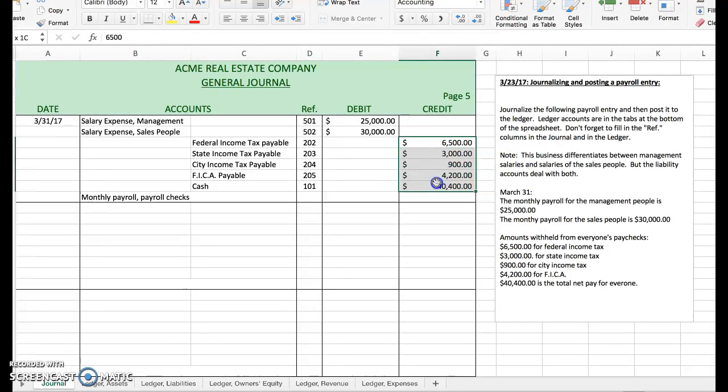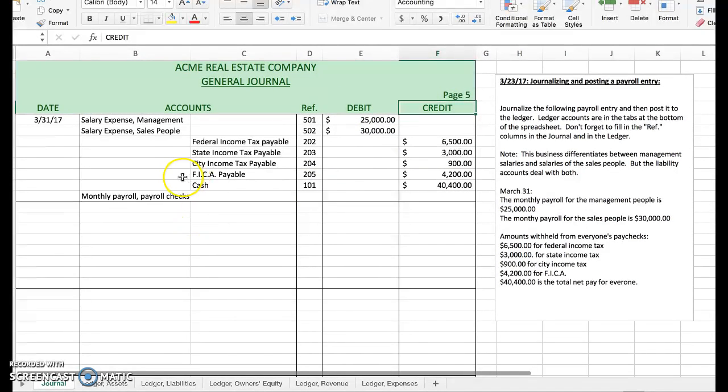And if you would add up those liabilities, all of those credits, they would add up to 55,000. Debits always equal credits. That's the rule in accounting. So for every entry, debits equal credits, and it does here. The difference is we have differentiated different kinds of salaries.